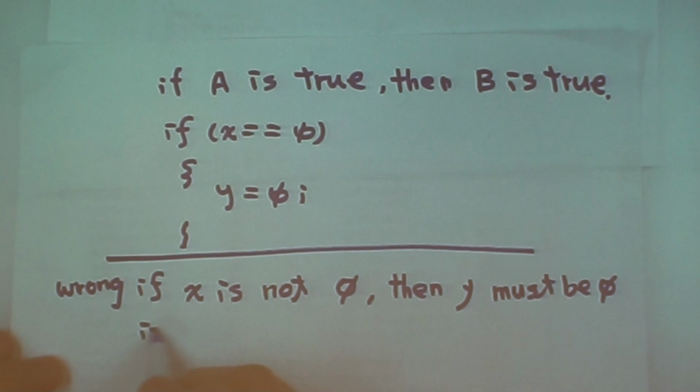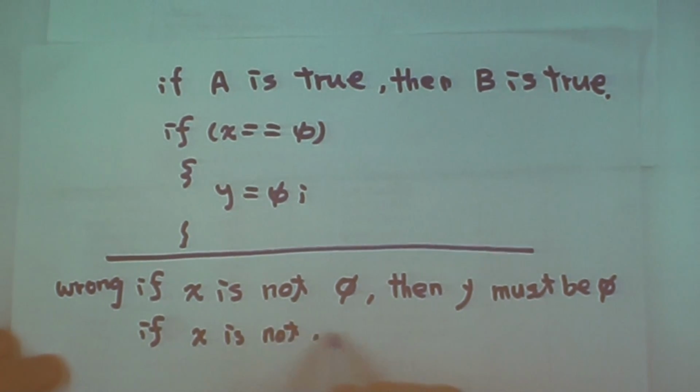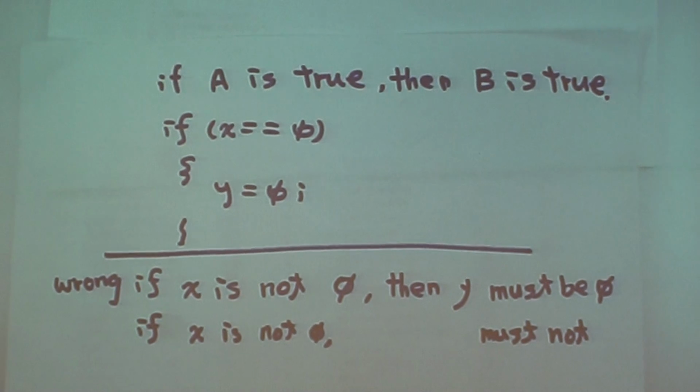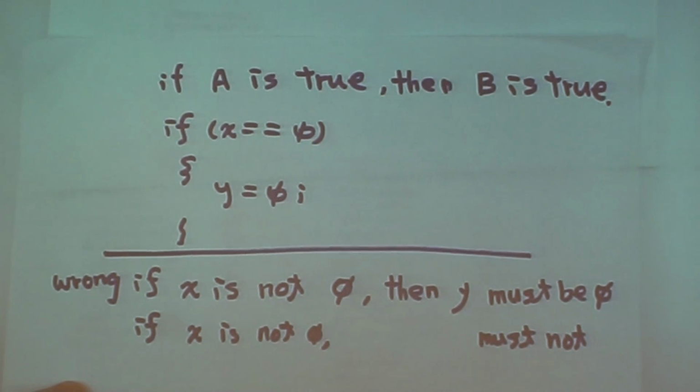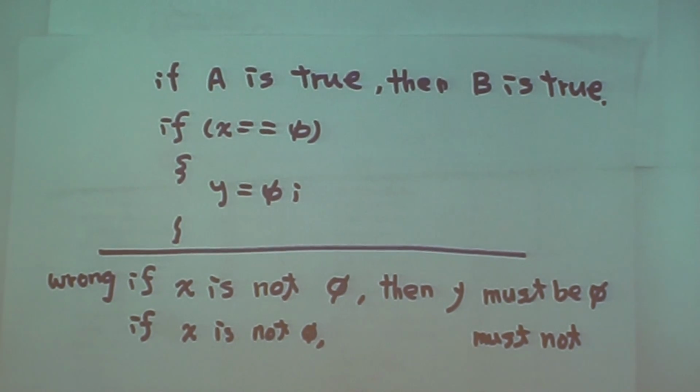Now how about this: if x is not 0, then y must not be 0. Is that statement true? No. Why? Because y could have been initialized to 0, so it's also wrong.